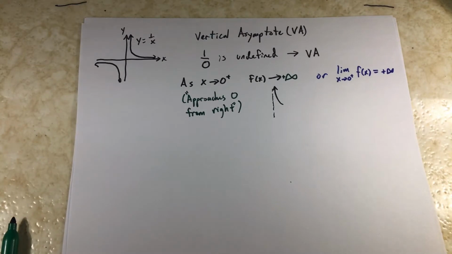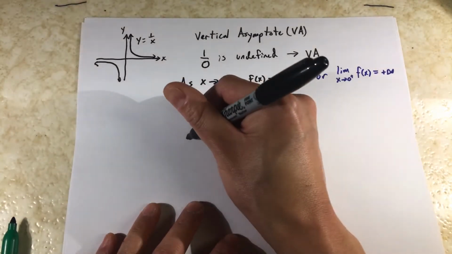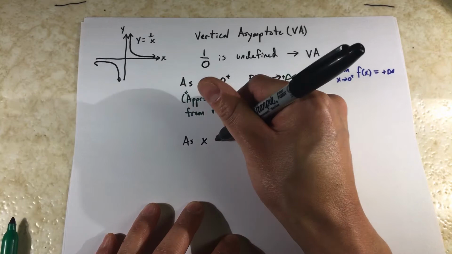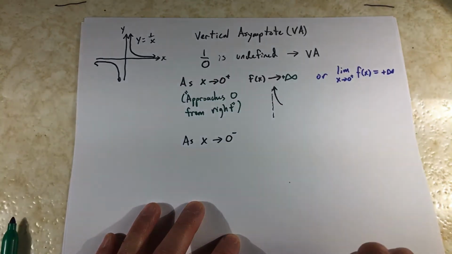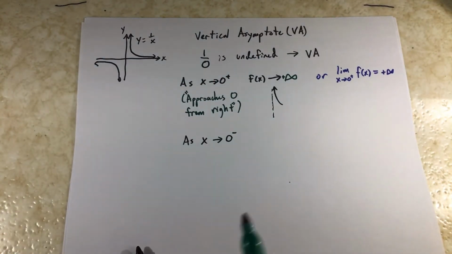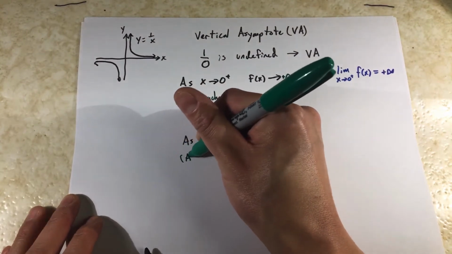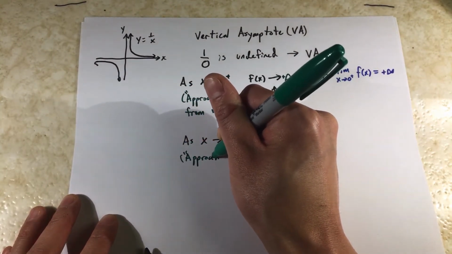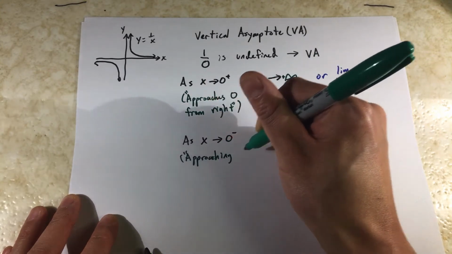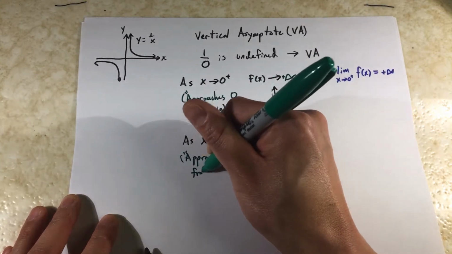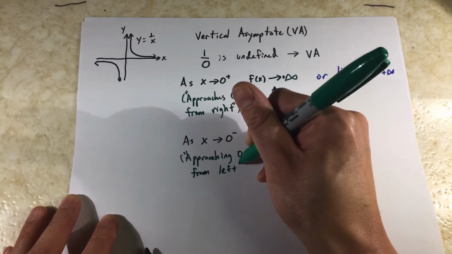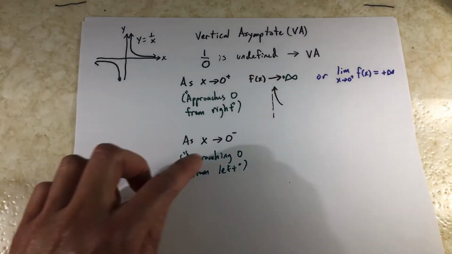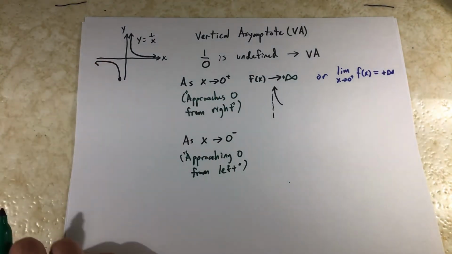is equal to positive infinity. All right. And then you could also have x approaches 0 with a minus sign, and you can kind of guess what that means. That means that it's approaching 0 from the left, right? Because the left is the negative side, so it's approaching from the negative side.